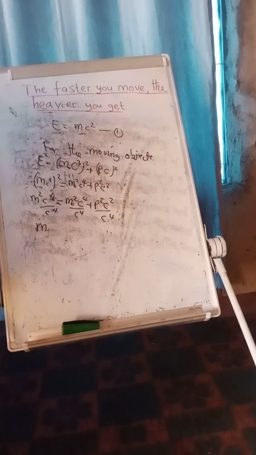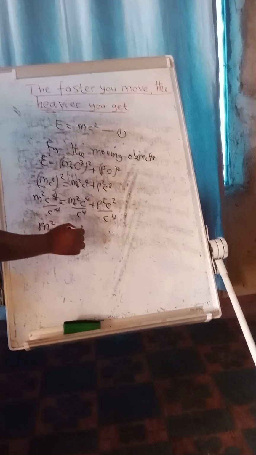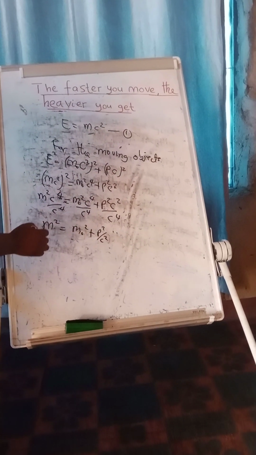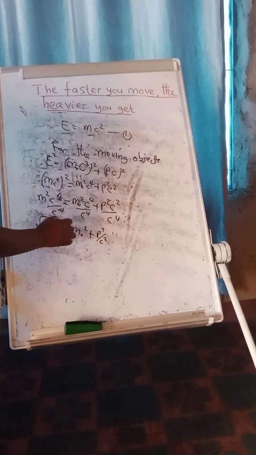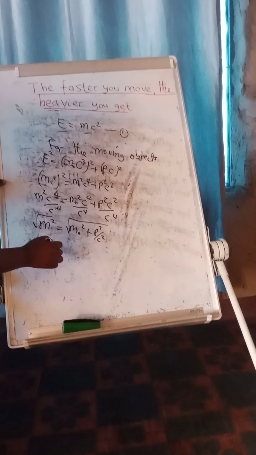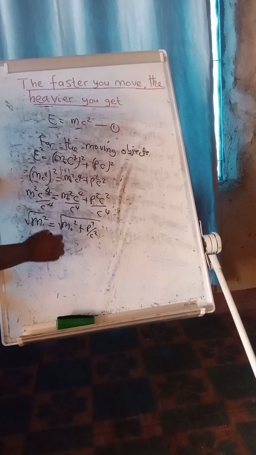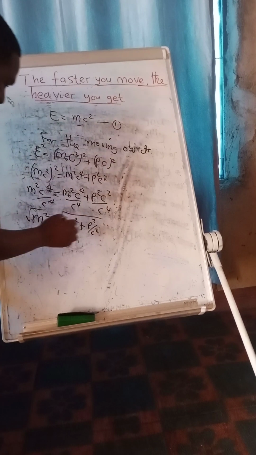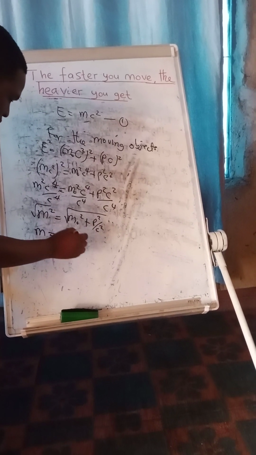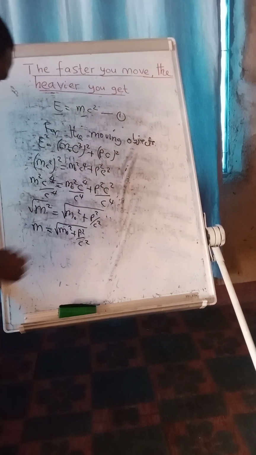So our relativistic mass will be m square equal to m naught square plus p square over c square. Now if you take the root to find the relativistic mass, m is equal to the square root of m naught square plus p square over c square. So this is the relativistic mass.